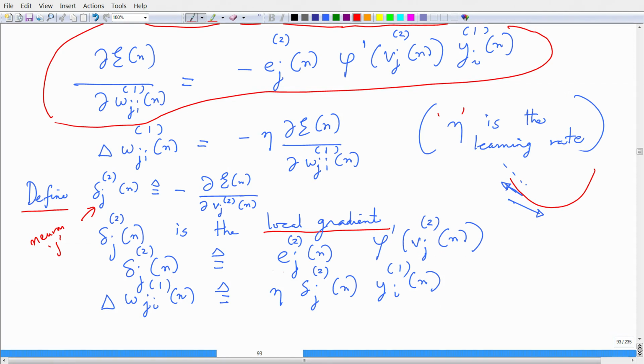So, delta j of n is Ej of n times phi dash of Vj of n, and I keep the layer numbering consistent here. So, the adjustment to the weight, delta Wji, is given by eta times delta j of n times yi of n. So, this is consistent with what we have.